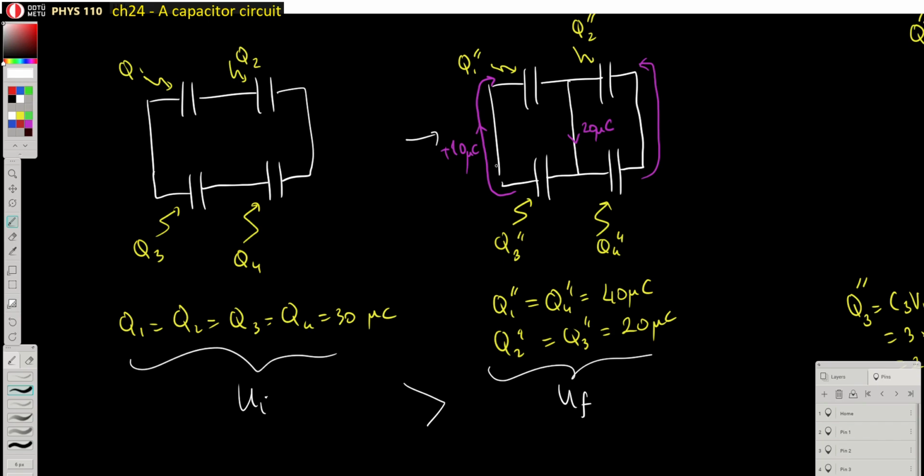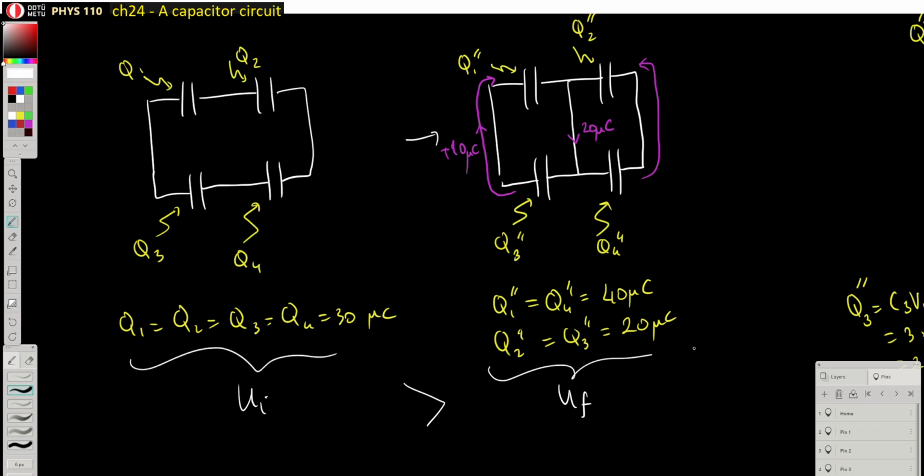This implies that some part of the initial energy is converted into heat during this connection process, and this heat appears on the resistors, but this part of the physics we haven't seen yet, so that's part of the next or the following chapter. We will talk about the dissipation on resistors. In any case, the final energy should be smaller than the initial one, because this is a spontaneous process. It cannot take energy from outside, but it can give energy in the form of heat.